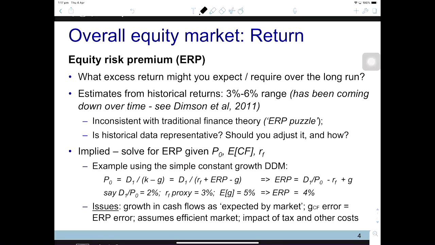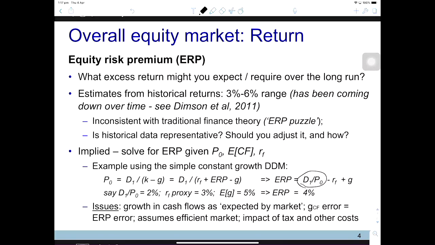So in this model, we're going to assume a constant, stable growth rate of G, and the K here is the required return for equity, and the dividend yield here, which can be estimated or observed from the equity market.